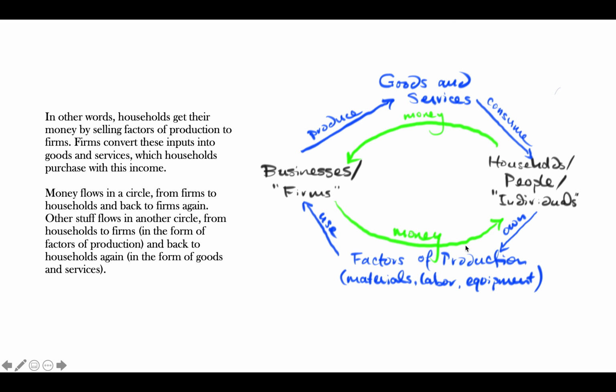So households get their money by selling or renting the factors of production, and then with this money, they purchase the goods and services. All right, so this is the circular flow diagram.